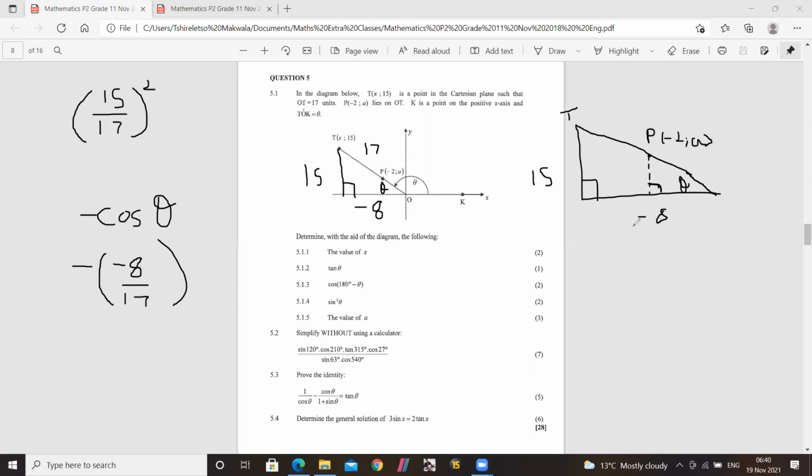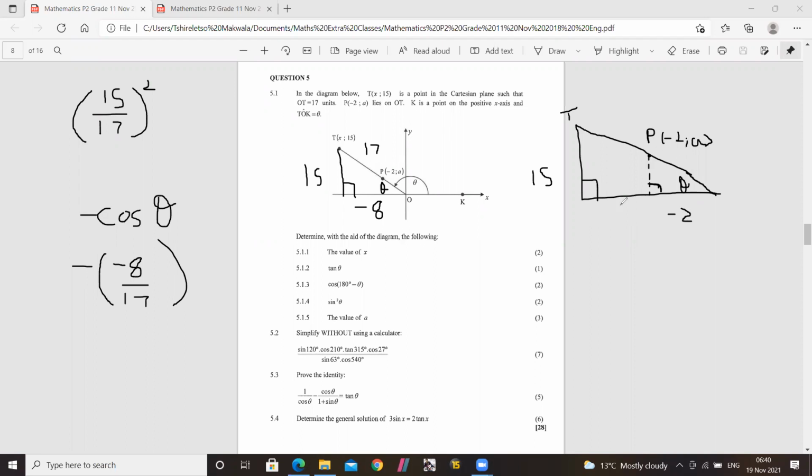Then they're telling us that this P is -2. So this length here is going to be -2, right?